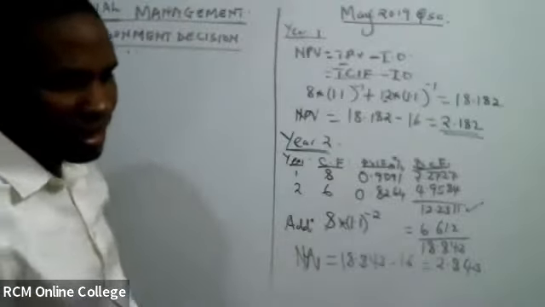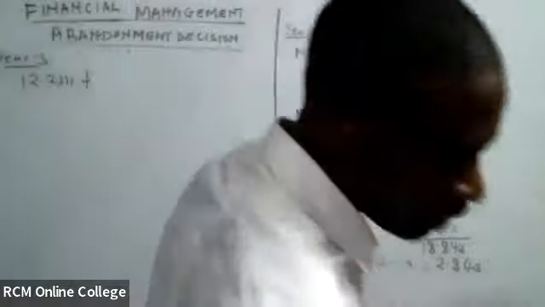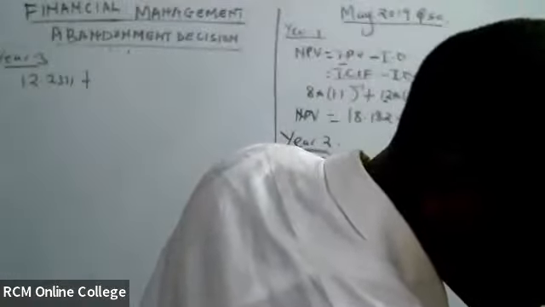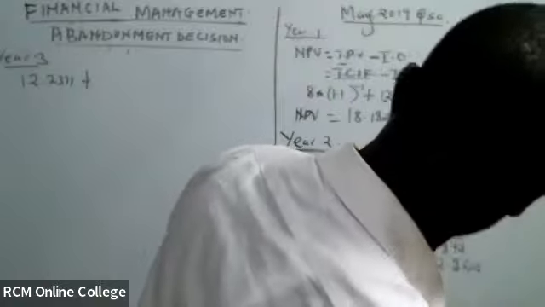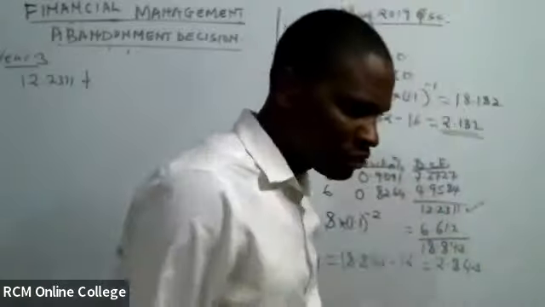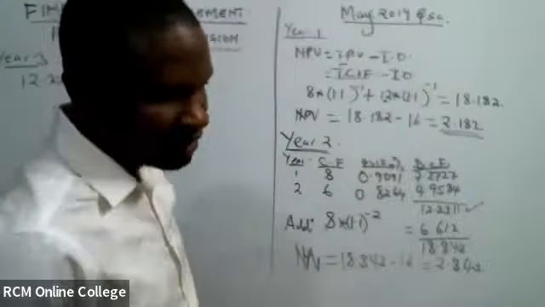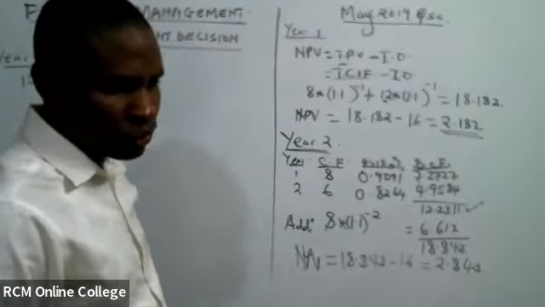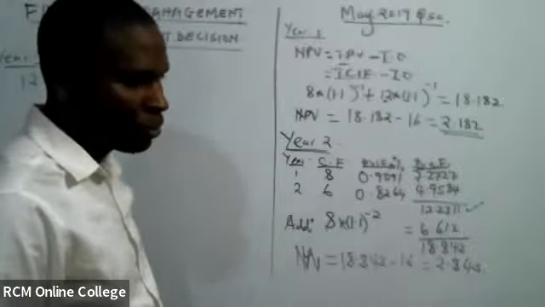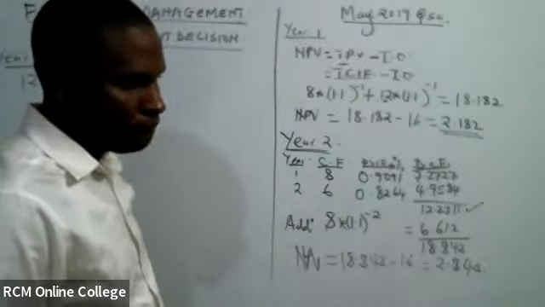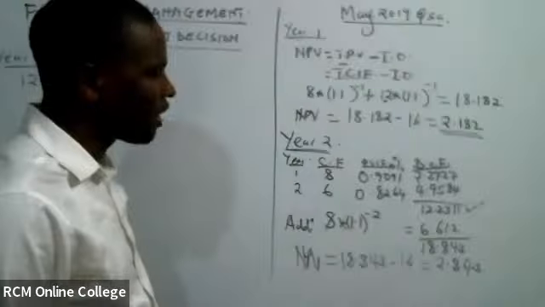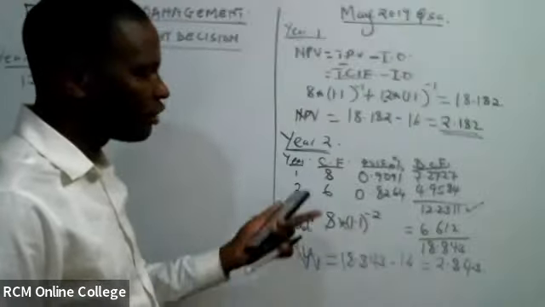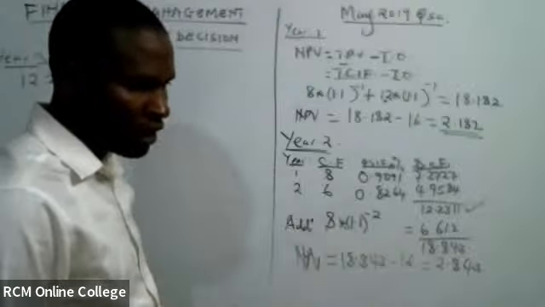HK got 98 class. What did you get? Was 0.862 correct? Plus, we have 8. So HK, kindly check, if you are using the table, whether you used the wrong column.